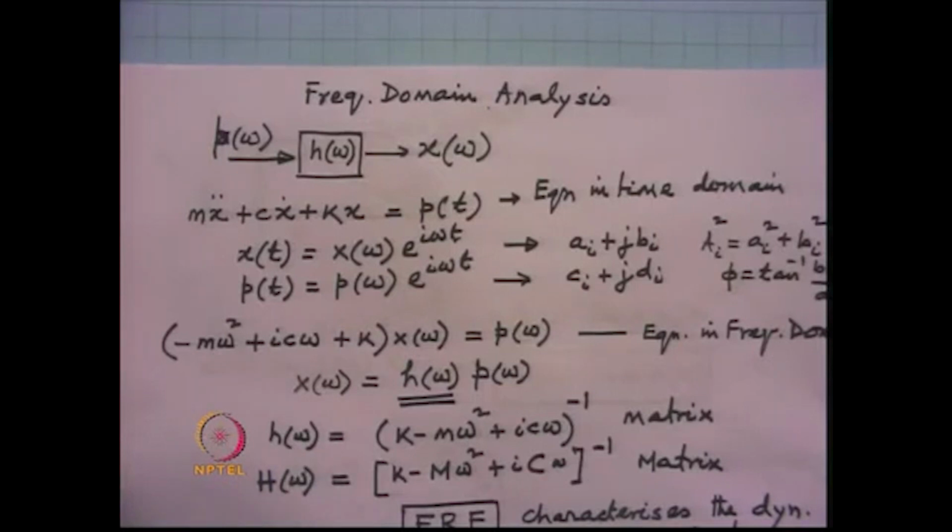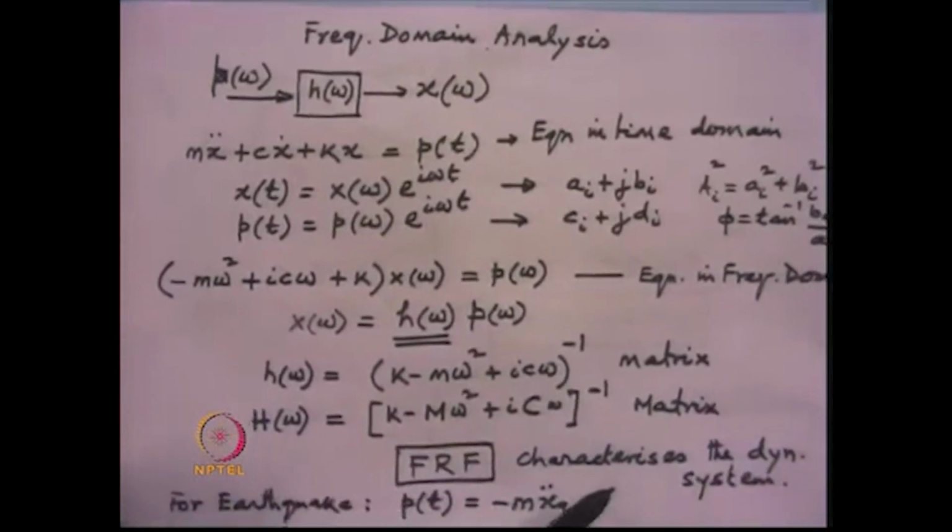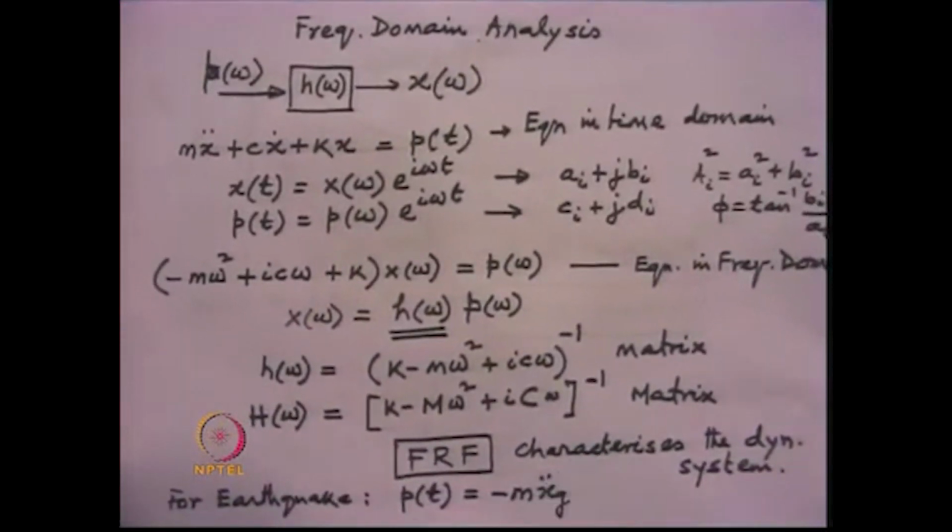Similarly, if we have a multi-degree of freedom system, then one can extend from this the definition of the frequency response function matrix of the multi-degree of freedom system, which will be defined as capital H(omega) equal to the inverse of k minus m omega square plus i omega c, where k is the stiffness matrix, m is the mass matrix, and c is the damping matrix.